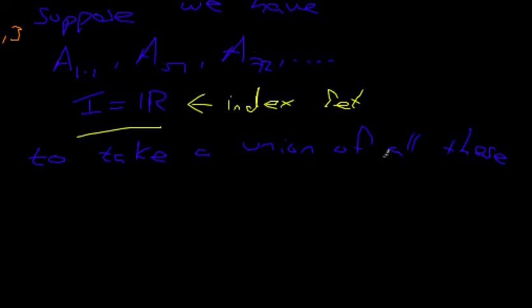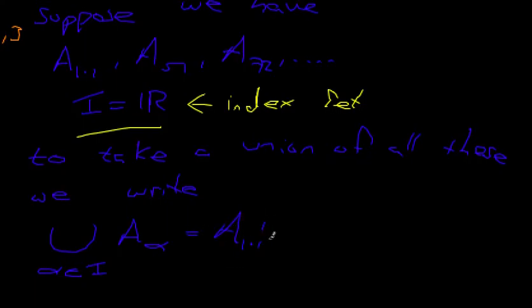Okay, to take the union of all these, we write the union of, you can say alpha, or this could be anything, in I of A sub alpha. Okay, so this just means like A 1.1 union A pi union A 72 union all the other possible real numbers as an index here.